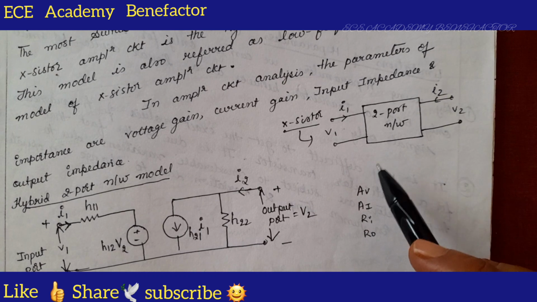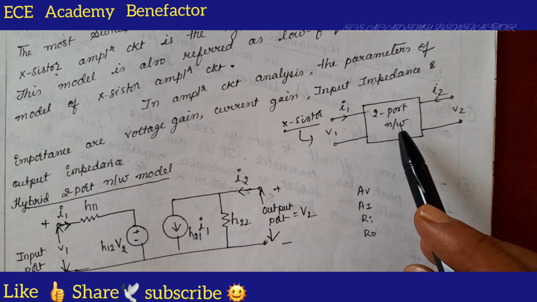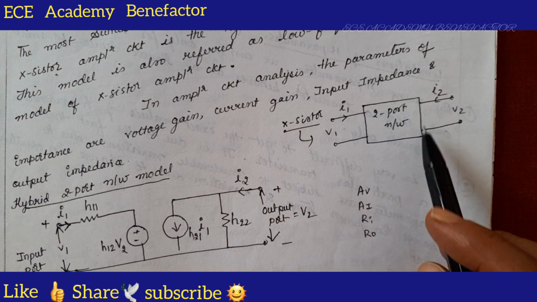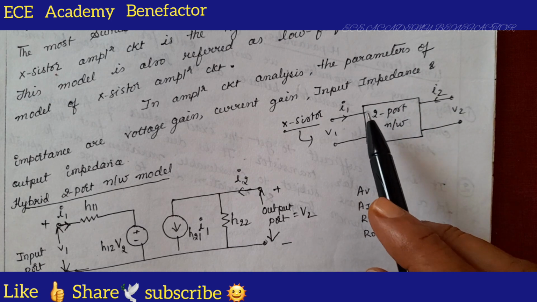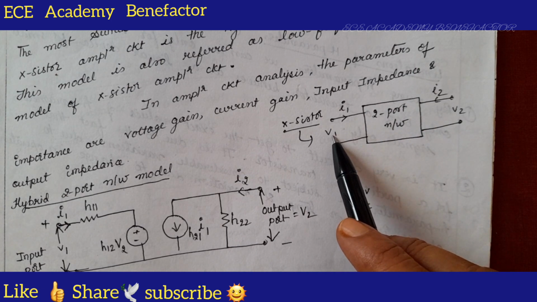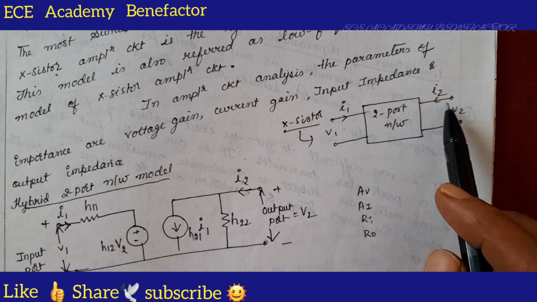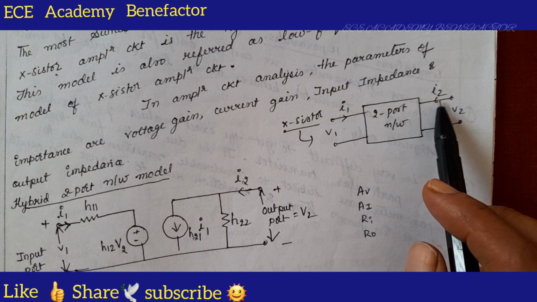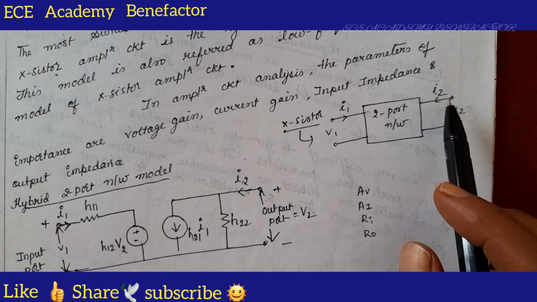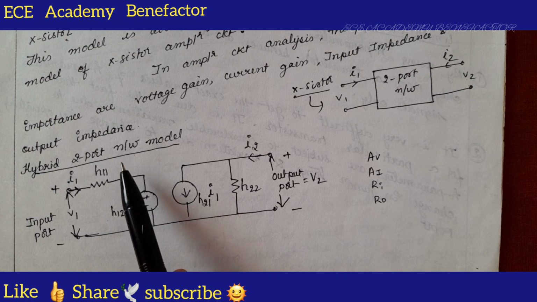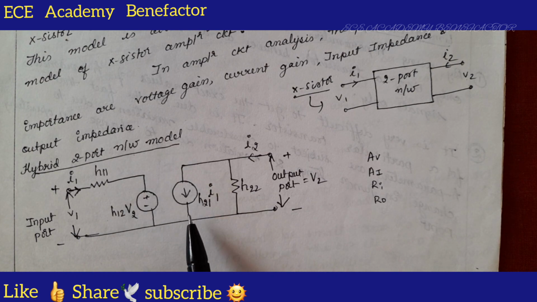This is done using a two-port network. The transistor is represented by a two-port network. The input side voltage is V1, the output voltage is V2, the input current is I1, and the output side current is I2. This is how we draw the H model, or two-port network model.